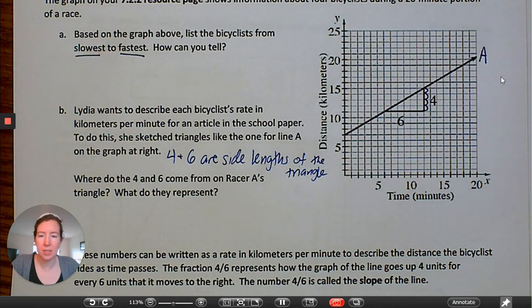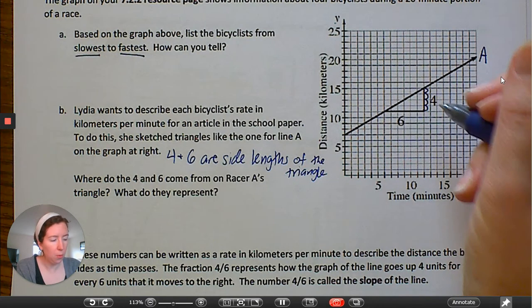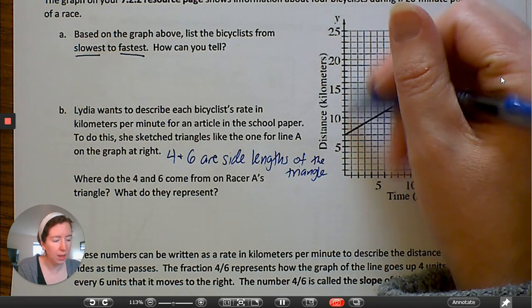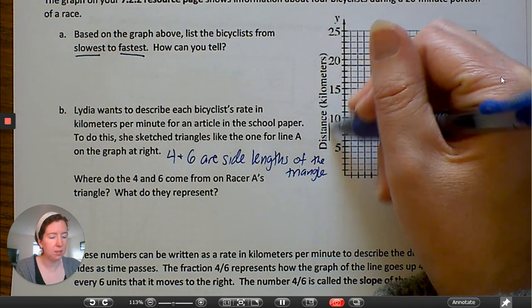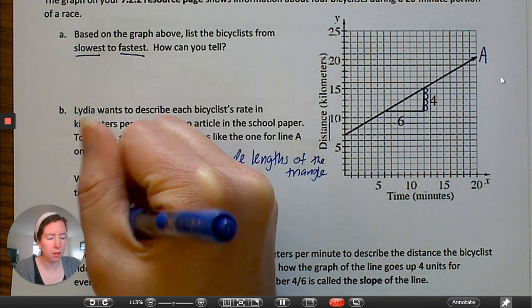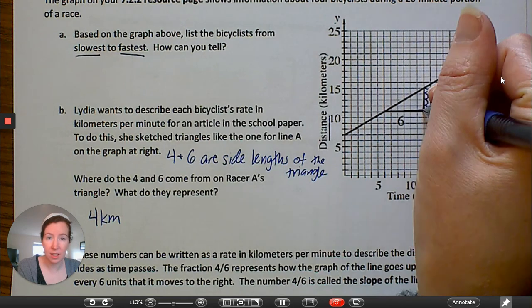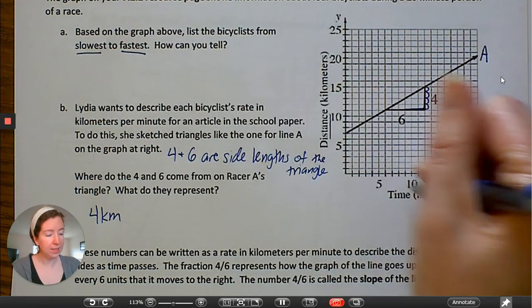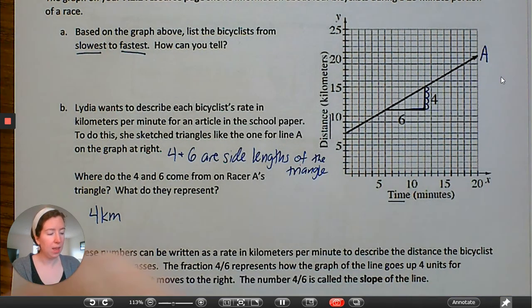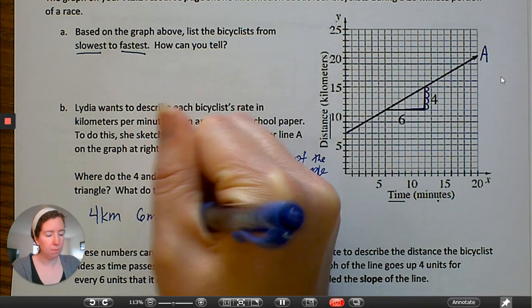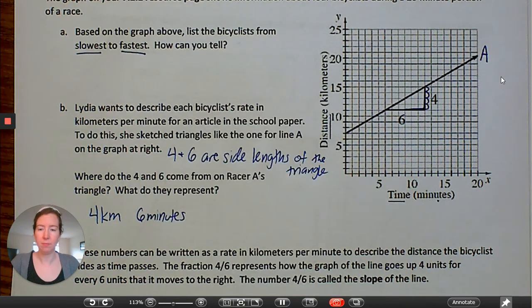Now, what do these numbers represent? Well, the 4, because it's vertical on the y, is the distance. So it represents 4 kilometers. And then the 6, which is the horizontal, on the x-axis, which is time, and it's in minutes. So it's 6 minutes. Okay.